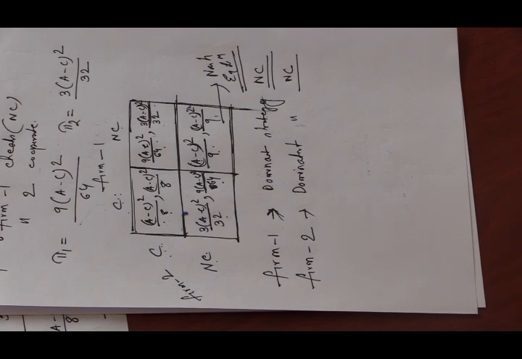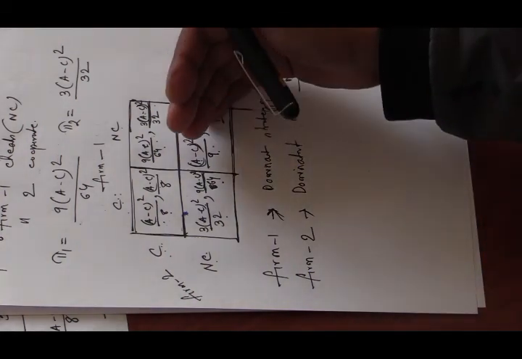So both will have the incentive to cheat. Both firms' dominant strategy will be to not cooperate. And finally, we find a Nash equilibrium just like the case of the prisoner's dilemma. But if it is a repeated game, the result will be different, which we will discuss in our next part.